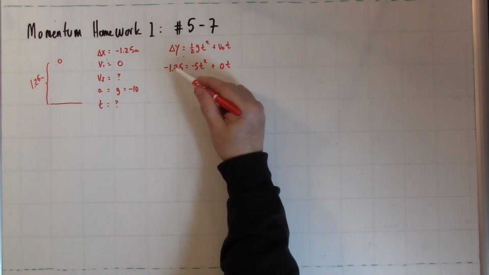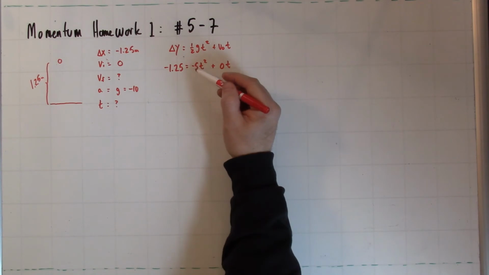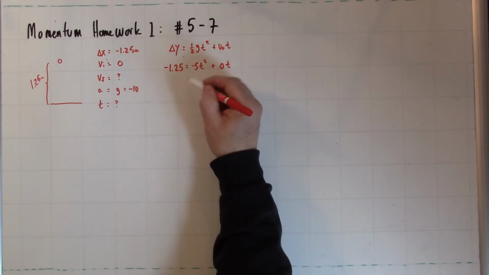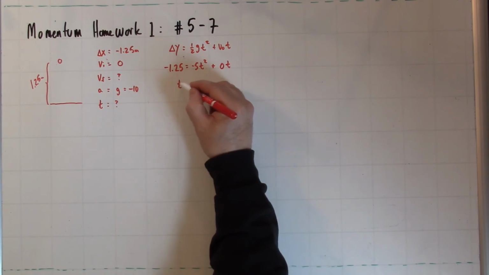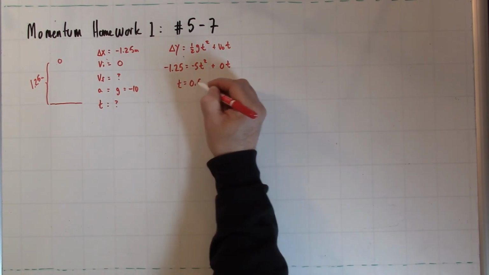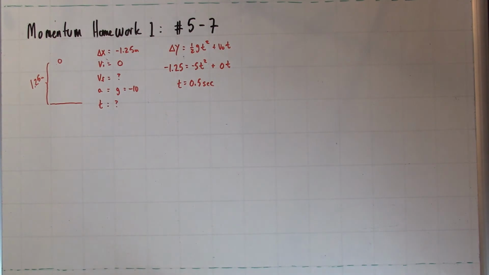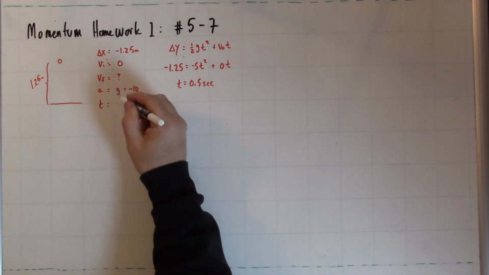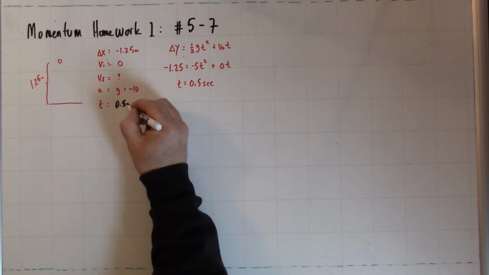So I take 1.25 divided by 5, which is 0.25, and then take the square root, and t is equal to 0.5 seconds. So that's the time it took.